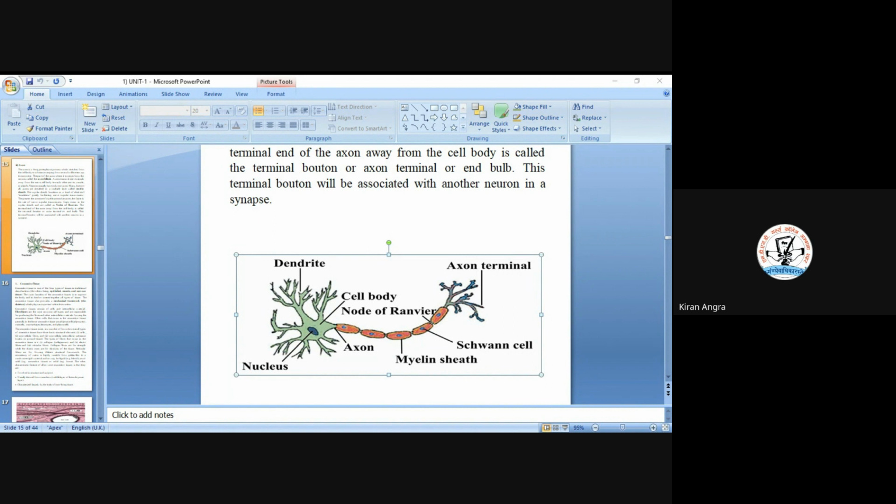It is called the axon. The axon is also a protoplasmic process which extends from the cell body to a distance ranging from a few millimeters up to 1 meter. That is the length of the axon. The part of the axon where it emerges from the soma is called the axon hillock.